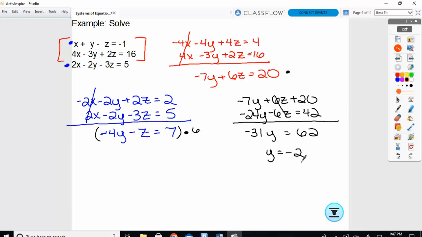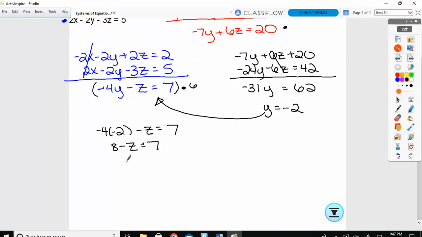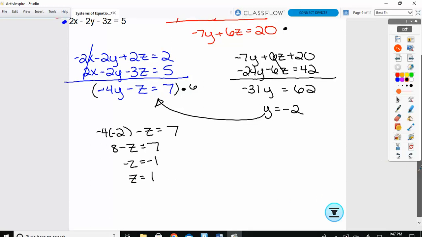Once we have a solution, what are we going to do? Yeah, plug it in. So I'm going to plug this in to one of these equations. Let's just put it in right here. So -4 times y, which is -2, minus z equals 7. Get z to be 1.